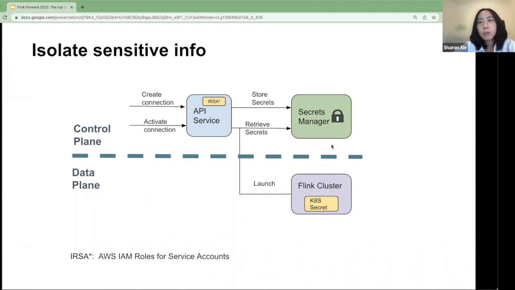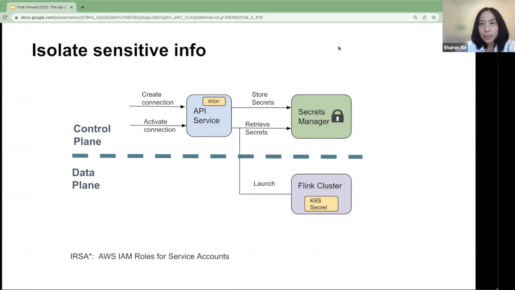Once the secret is stored in Secrets Manager, no APIs with read operations can access it. What that means is none of our API responses would be able to retrieve secrets from Secrets Manager.